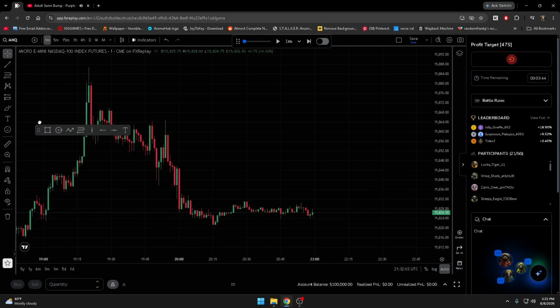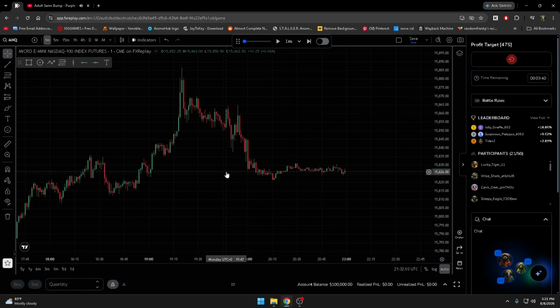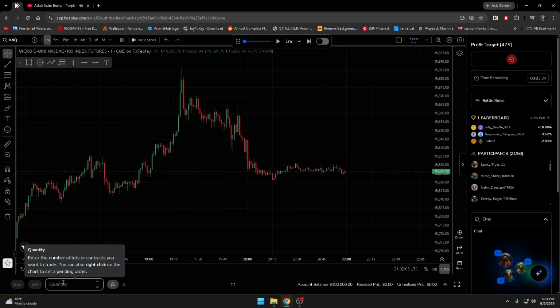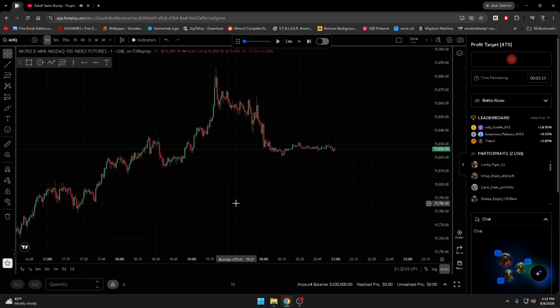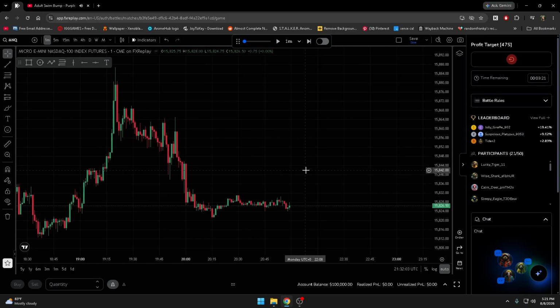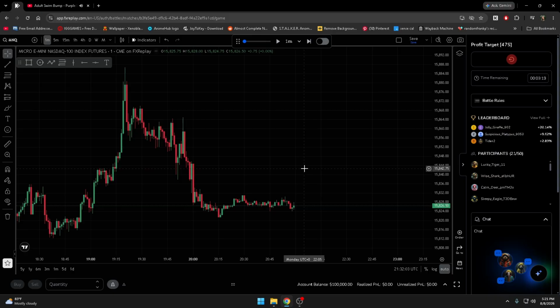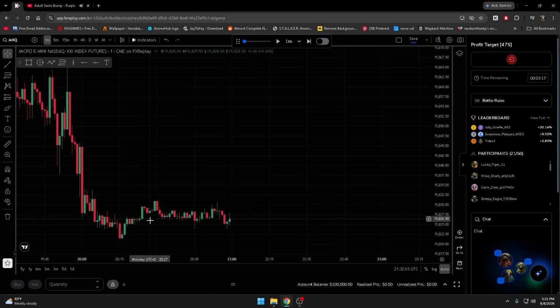Now the technique I'm using on this, since my only limit is 200 right here, technically I can have an infinite amount of 200 as long as I just place those down. And it's only got 3 minutes left, so it doesn't matter if I win or lose it or not. That's the way I'm looking at it.